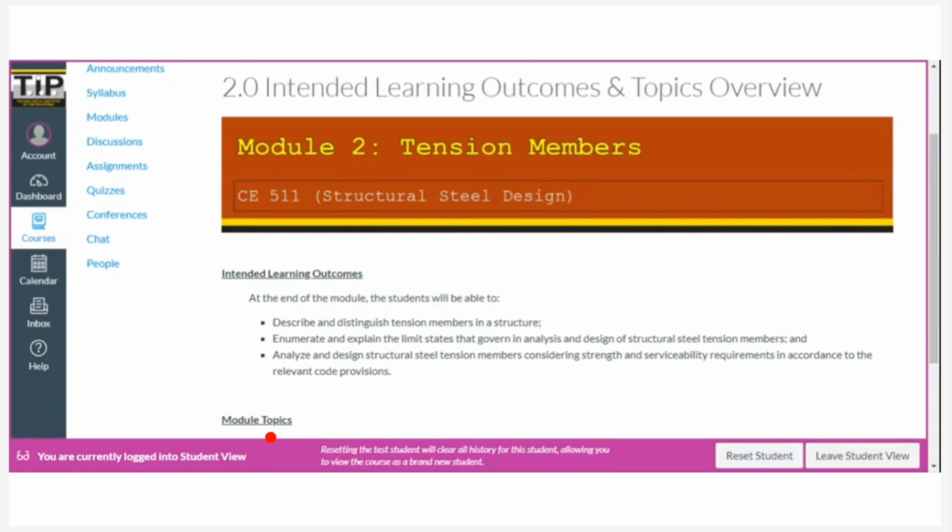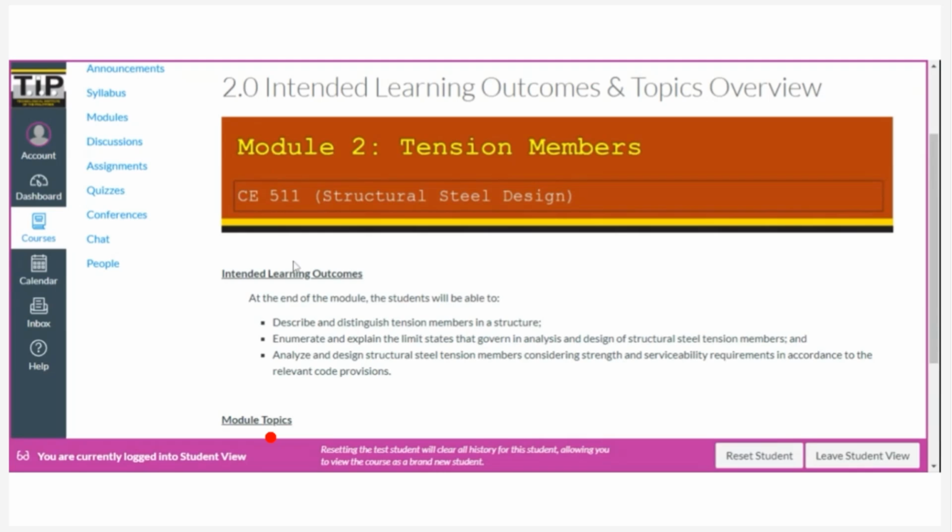Okay, so the first member that we will discuss is the design of tension members. Okay, so our ILOs for this week.